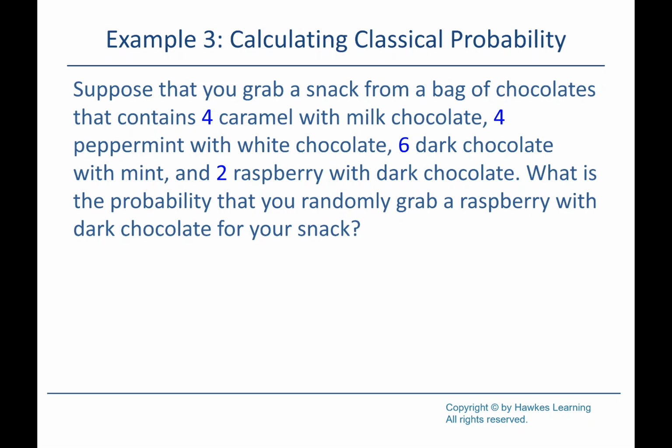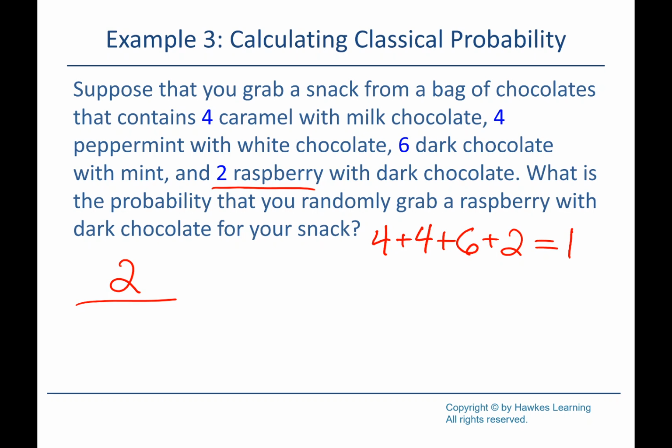So we want the, how many do we have in our event? So how many raspberry with dark chocolates do we have? 2. Out of, we need to figure out how many we have in total. So 4 the first one, 4 the second one, 6 of the next one, and then 2 of the last one.